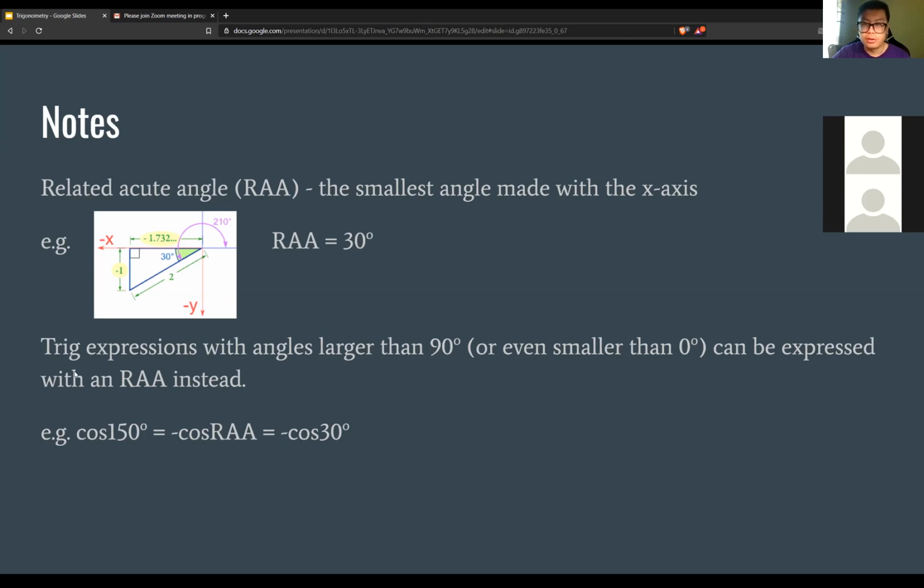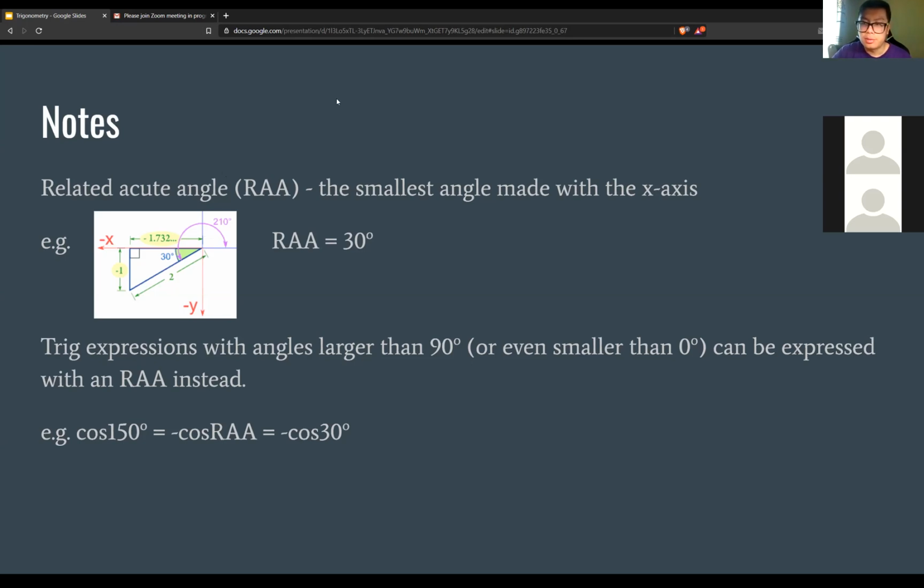Now, here's another note. Trigonometry expressions, so sine, cosine, tangent, if they have angles that are larger than 90 degrees, so 90 degrees would be if they reach all the way to the positive y-axis over here, or even smaller than 0 degrees. You can have angles that are smaller than 0 degrees, so negative angles, depending on the orientation you look at.